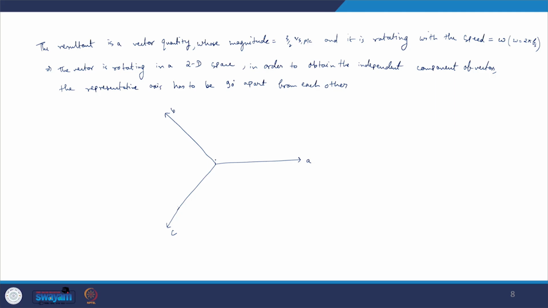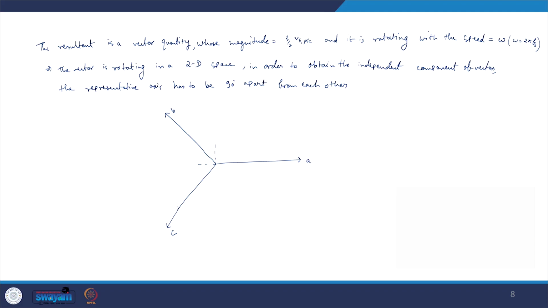When we define the three phase quantities using these three axis components, they will not be independent of each other, because when there is a change in any one of the three axis components, this change will get reflected on the other two, as they have non-zero projections onto each other.